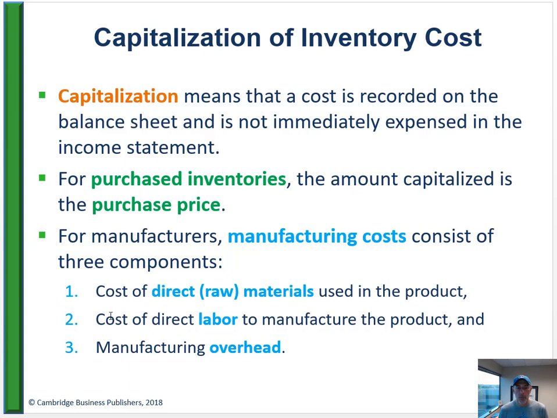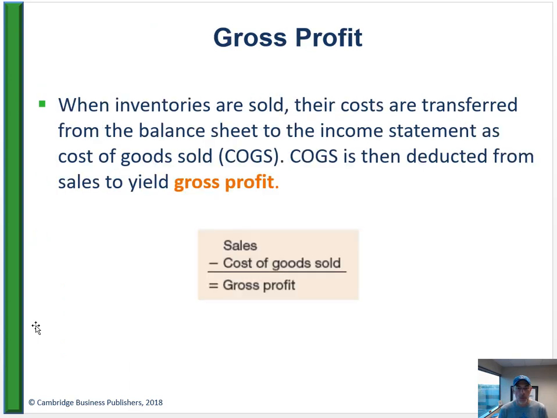And then to those, we're going to add the costs of direct labor and manufacturing overhead. Direct labor and manufacturing overhead are added to the raw materials to create finished goods inventory. Finished goods inventory would include all of those costs.